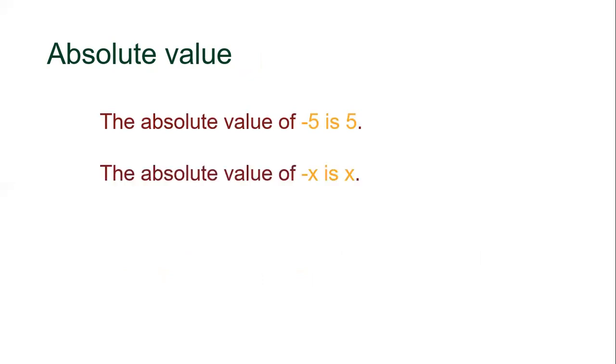Now, absolute value. What is an absolute value? The absolute value of a real number is the numerical value of the number neglecting the sign. So for example, the absolute value of -5 is 5. The absolute value of -x is x.